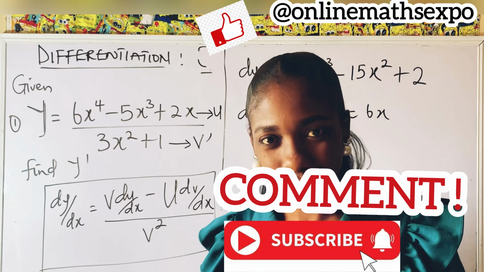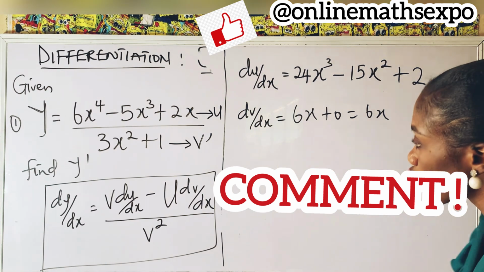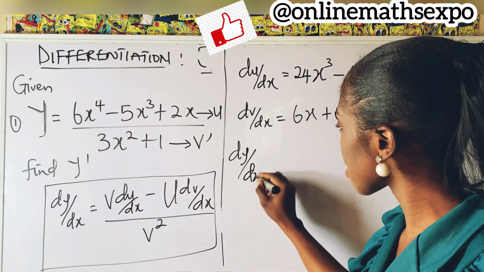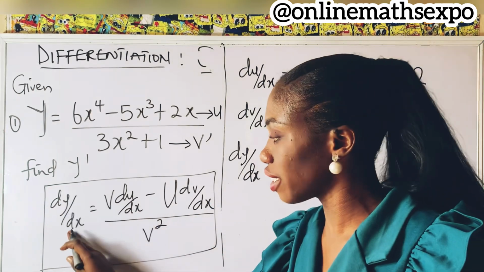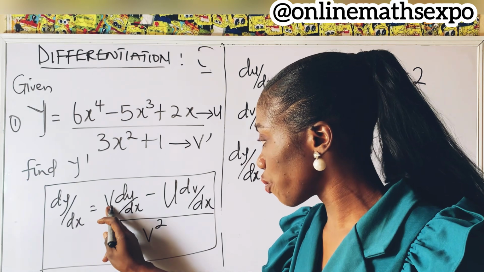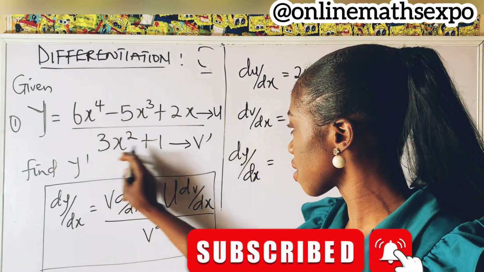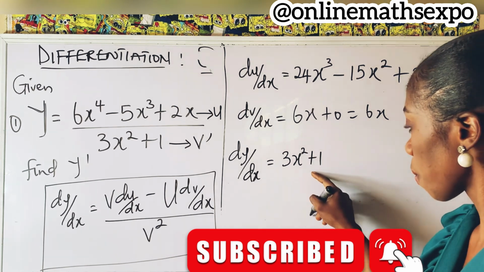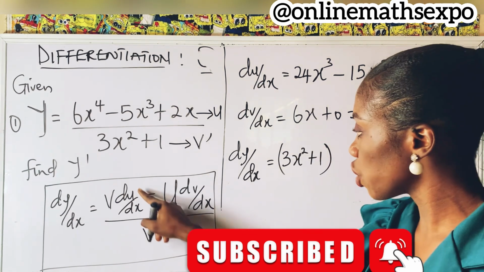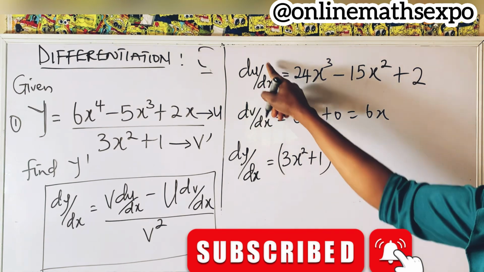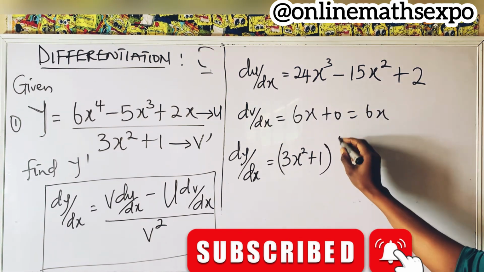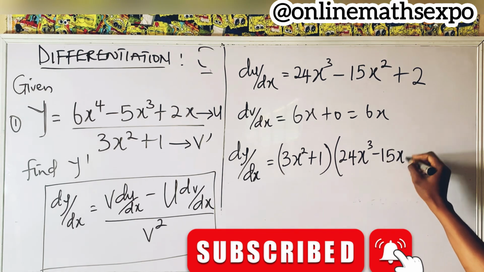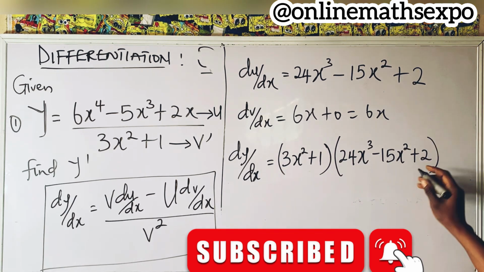Now let's continue. We now have dy/dx is equal to v. Our v is 3x squared plus 1. Then du/dx is this: 24x cubed minus 15x squared plus 2.